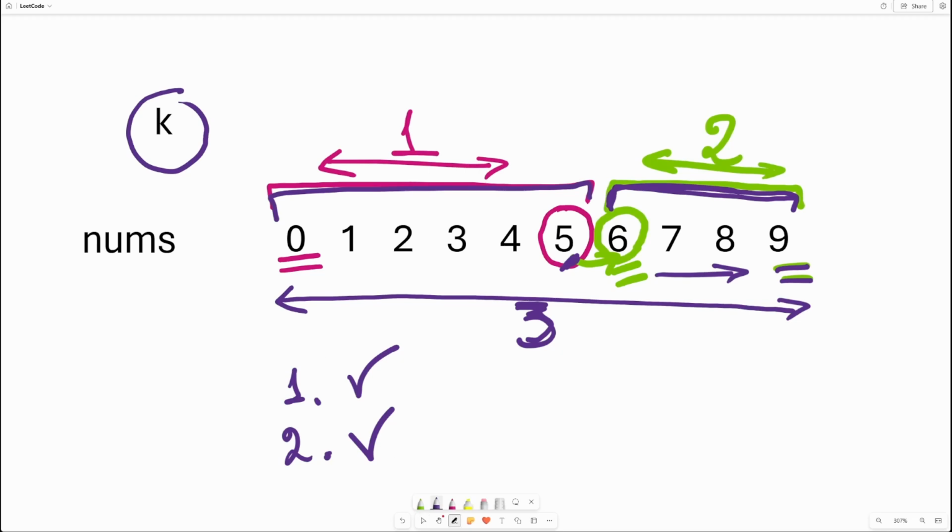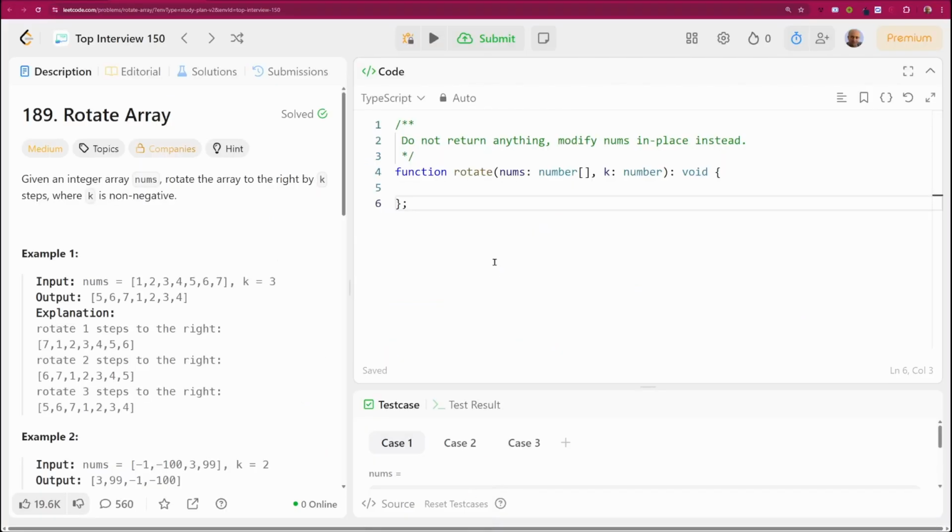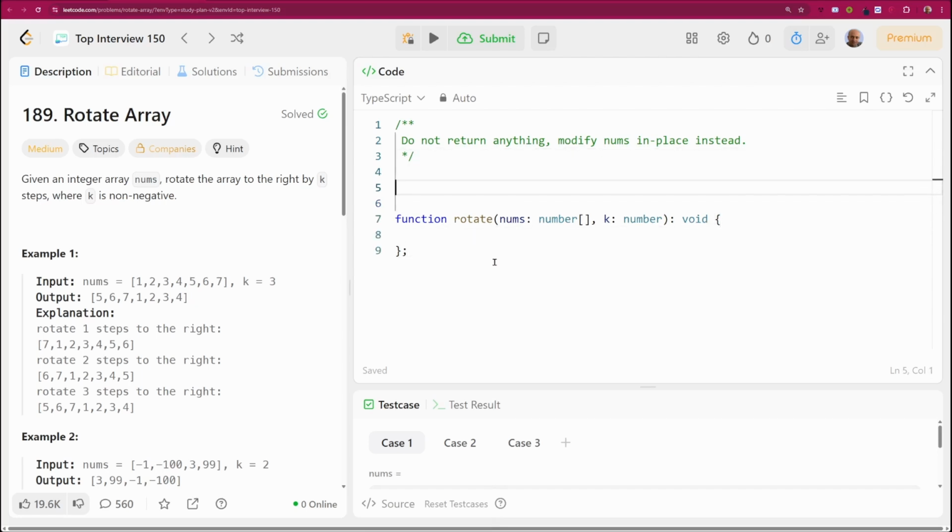Let's try to implement this now. First of all, I think it's wise to write a small procedure which will rotate part of an array. So function rotate, and it will take some array, which will be an array of anything, and then from, let's say, default value 0, and to would be array length - 1.